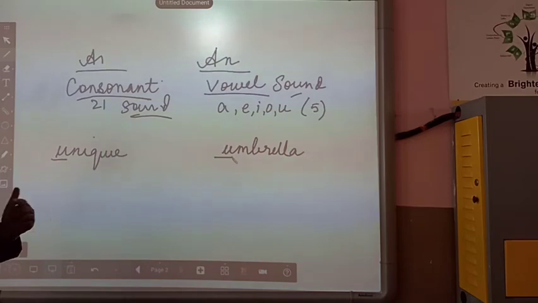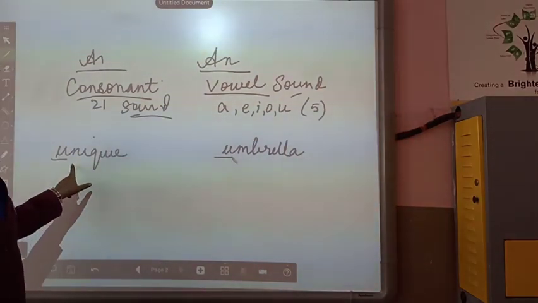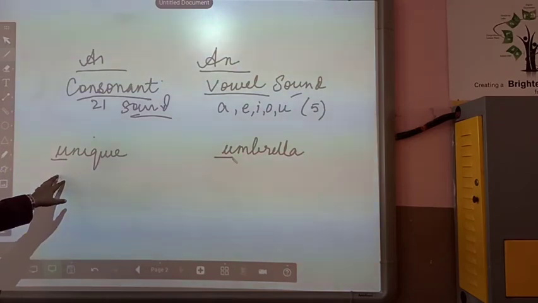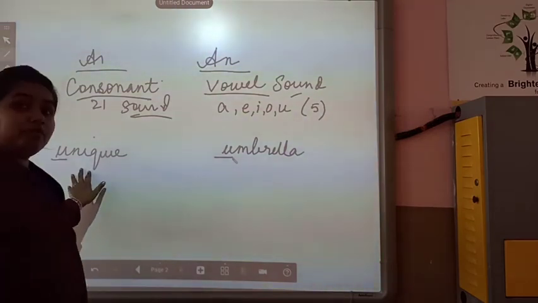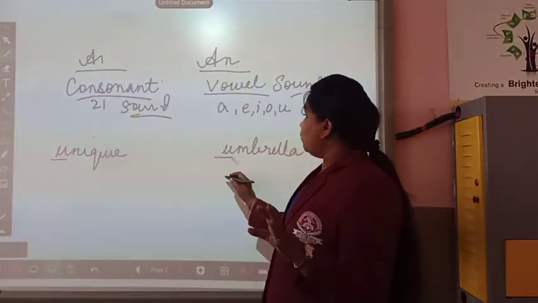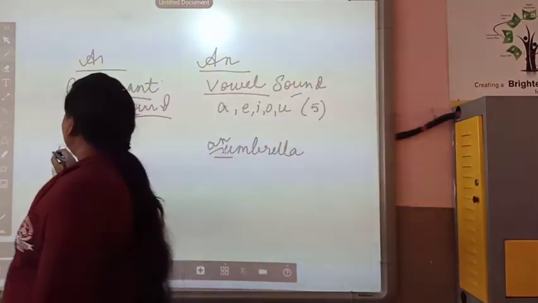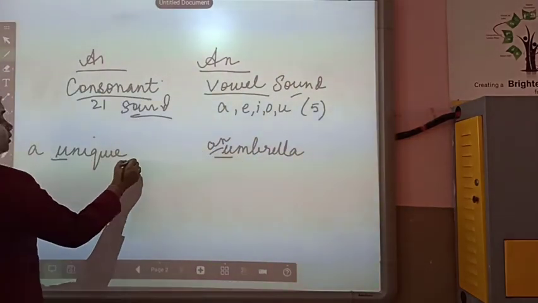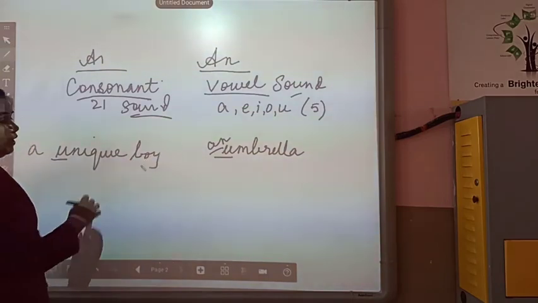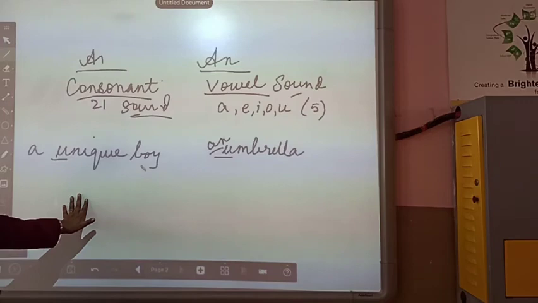But when we say the word unique, it is not taking the sound of a vowel, whereas umbrella takes the sound of a vowel. That is why we say an umbrella, a unique boy. So this is the difference that we have to remember.